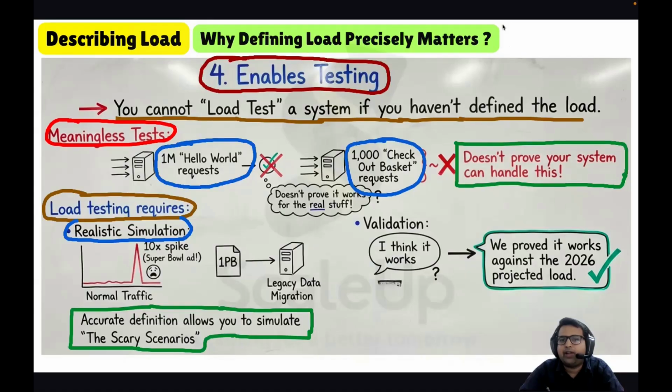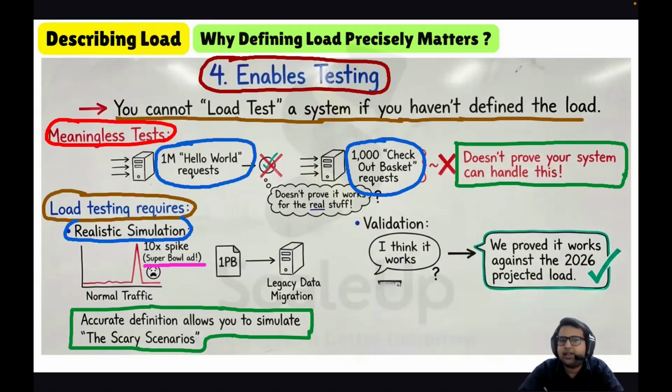So if you define the load precisely, you will be able to do the realistic simulation. You will be able to simulate a Black Friday sale or a Super Bowl ad, the 10x spike. You can simulate legacy data migration of 1 petabyte and load test your system.